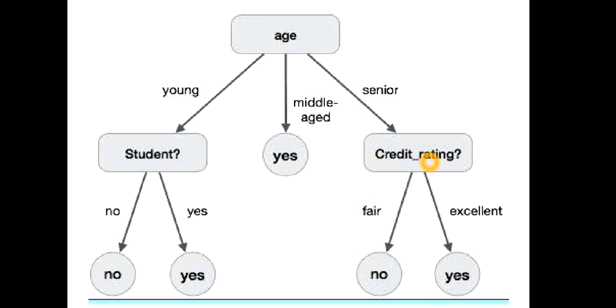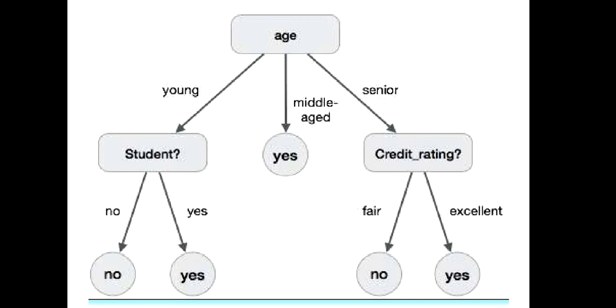If credit rating is fair, then he's not going to buy the computer. And if credit rating is excellent, then he or she is going to buy the computer if he falls under the senior age category. So you have seen how we are performing the classification through this decision tree.